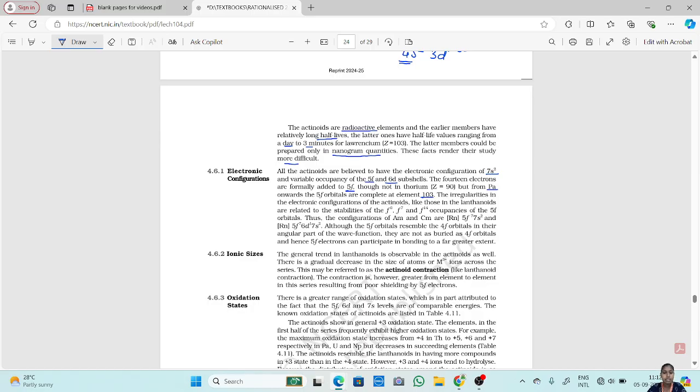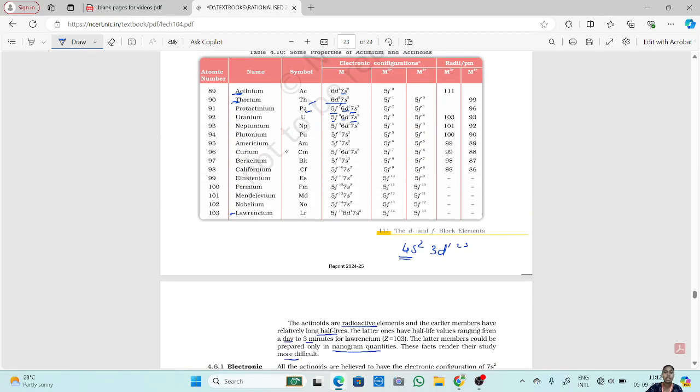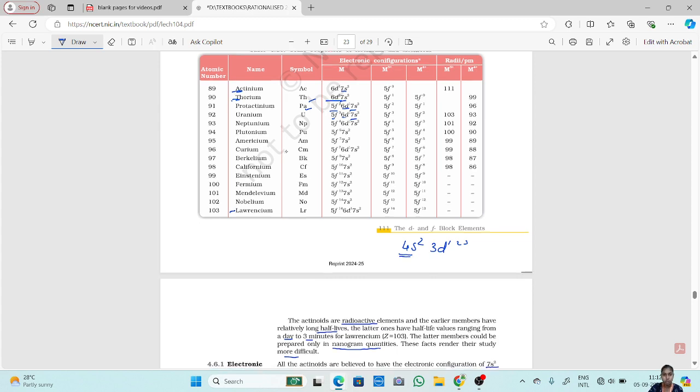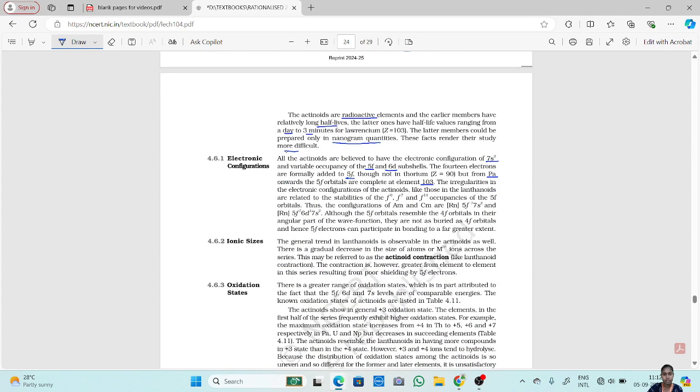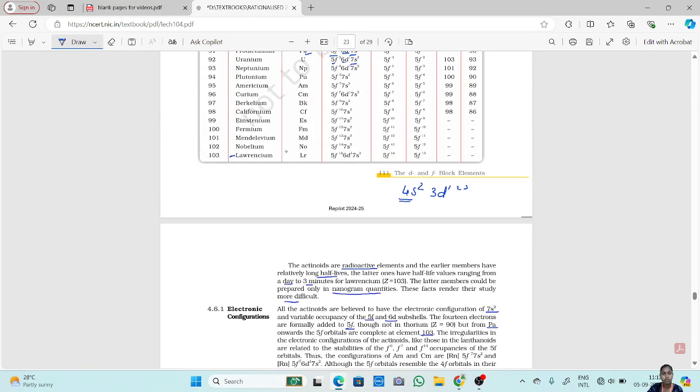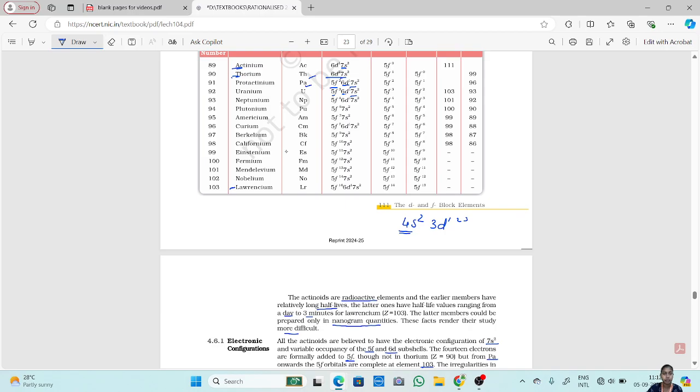The irregularities in the electronic configuration of actinoids, like those in the lanthanoids, are related to stability. The irregularities in electronic configuration exist basically to attain stability. Consider the configurations of Am and Cm, that is americium and curium.